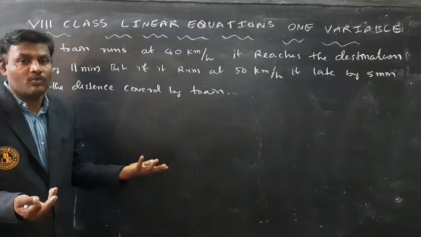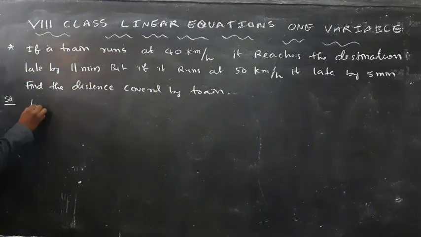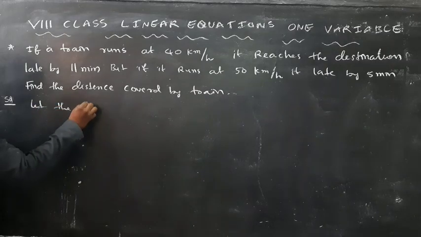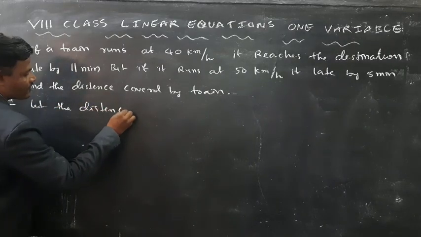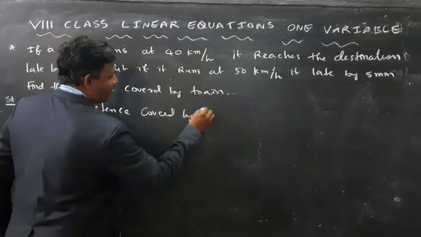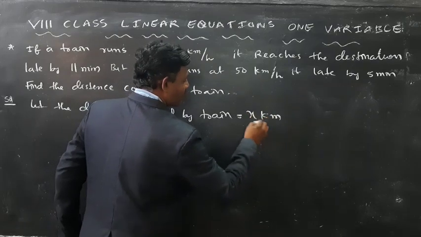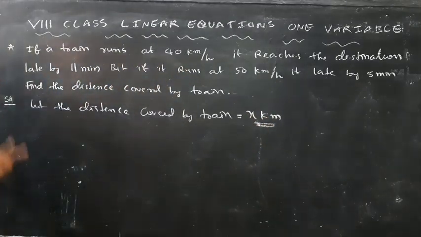Here I don't know the distance covered by the train. Let the distance covered by the train be X kilometers. So I am taking the required distance as X kilometers.